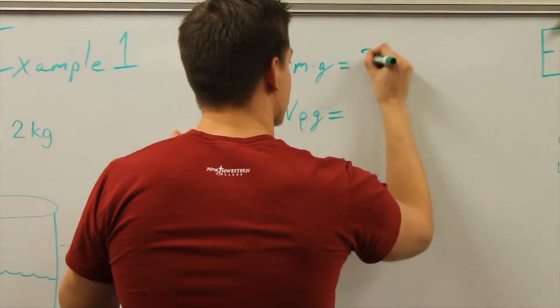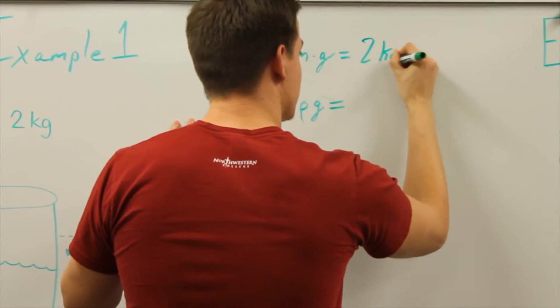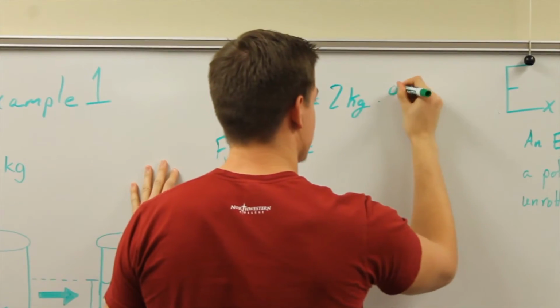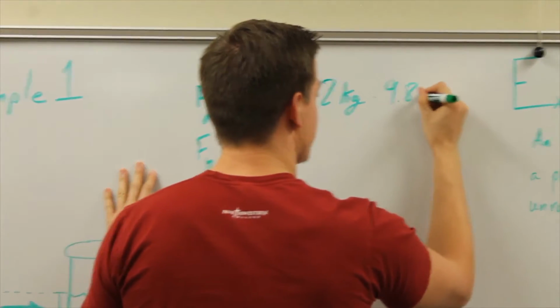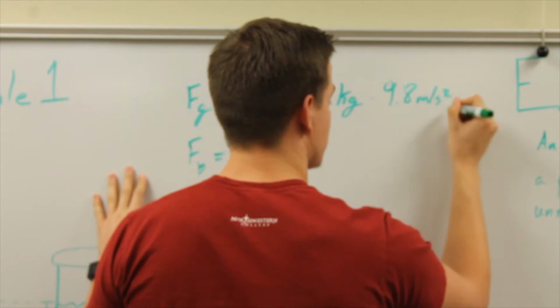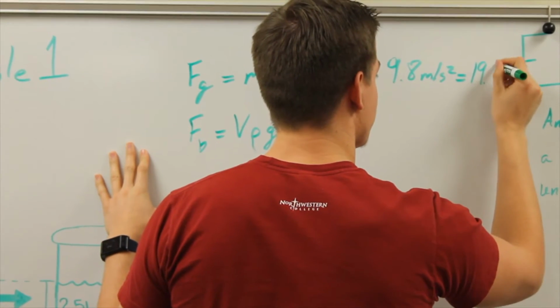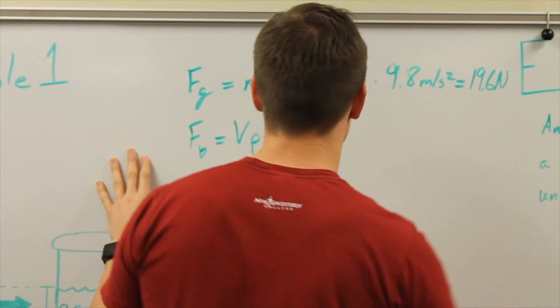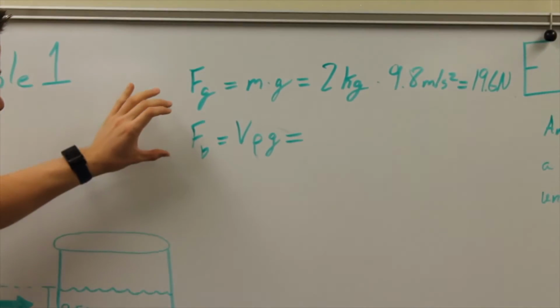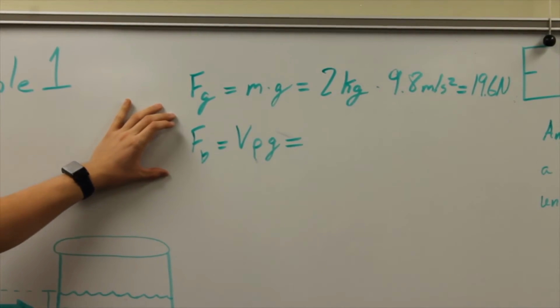Our mass, 2 kilograms, times the gravity constant of 9.8 meters per second squared, which equals 19.6 newtons.